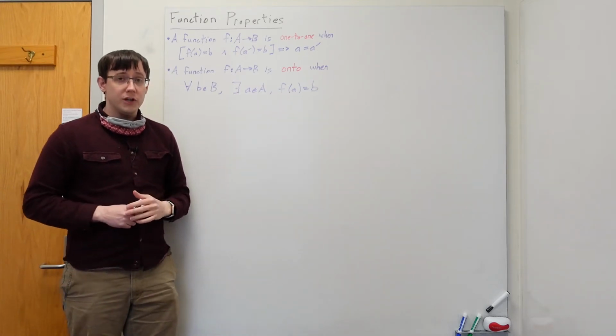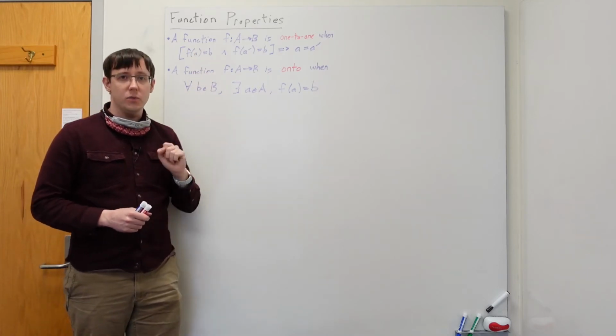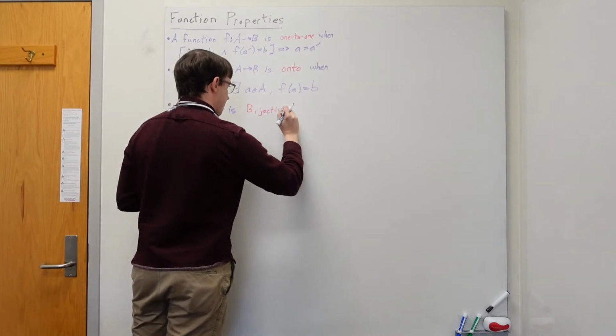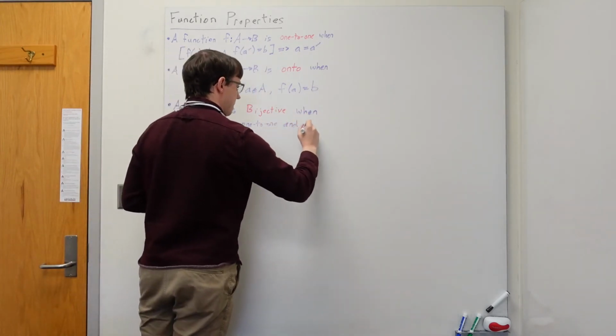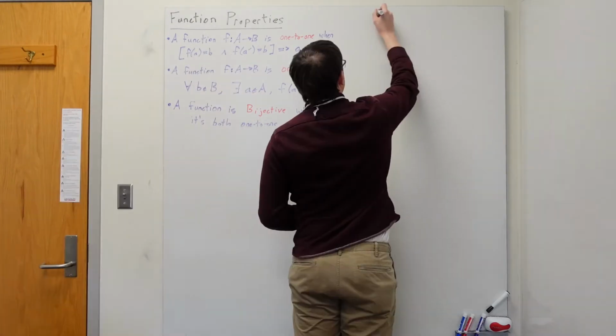And we call a function bijective if it is both one-to-one and onto. Let's illustrate these properties with a few examples.